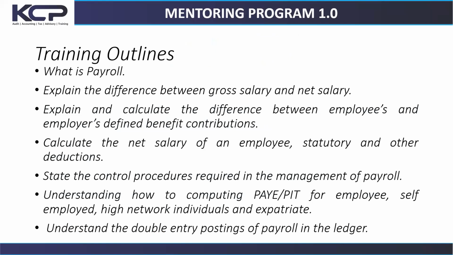We would also relate this with the provisions of amendments in tax, which further say there could be a difference between gross salary and total emolument. We'll be considering that too. We'll also look at explaining and calculating the difference between employees' and employers' defined benefit contributions, right?